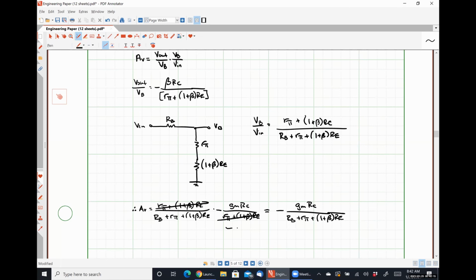So this guy right here is the voltage gain for the common emitter with emitter degeneration, but without the base resistance, right? So all it's doing is just adding RB to the denominator. So it's making it smaller, but it may not be appreciably smaller depending on what that value is.